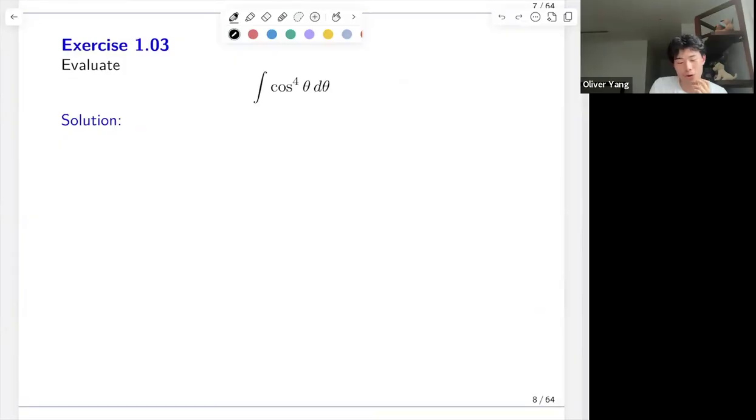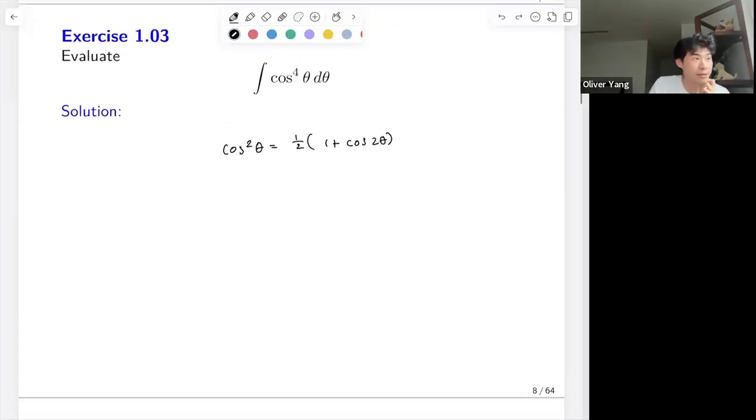In your formula sheet, under the double angle formula, it should look something like this: 1 plus cos 2 theta, or cos 2a. I think originally it's given by cos 2 theta equals whatever. So we're just going to do that and substitute it in.